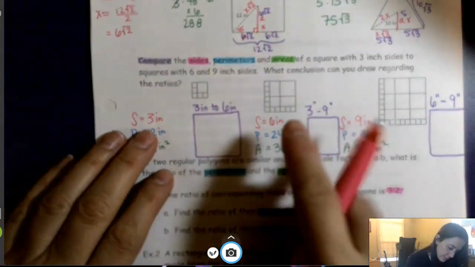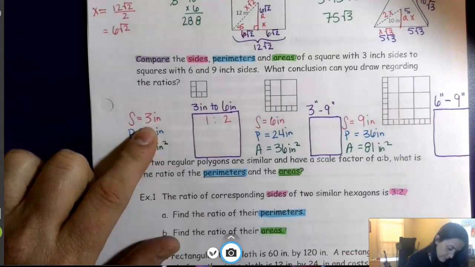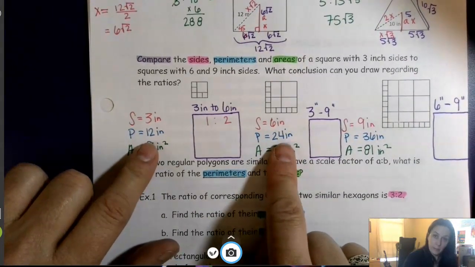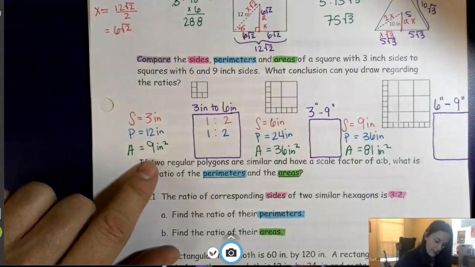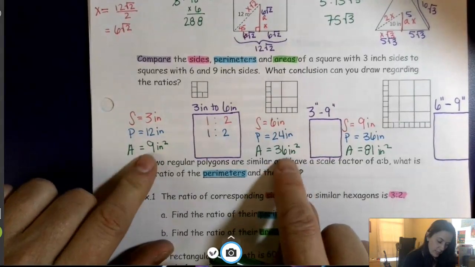My sides here, 3 to 6, I can reduce that, it'll be 1 to 2. Let's do 12 to 24. I can reduce that again, that would be 1 to 2. 9 to 36, this time it's not 1 to 2, this time it's 1 to 4.